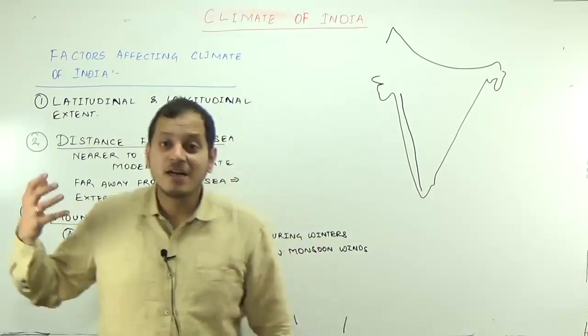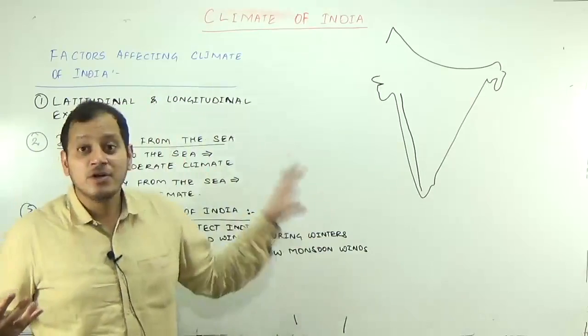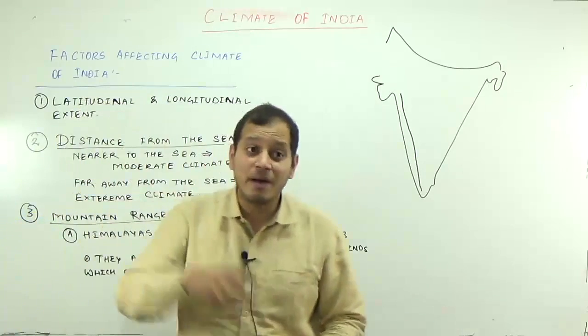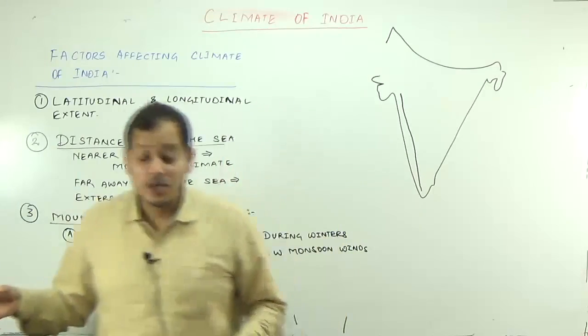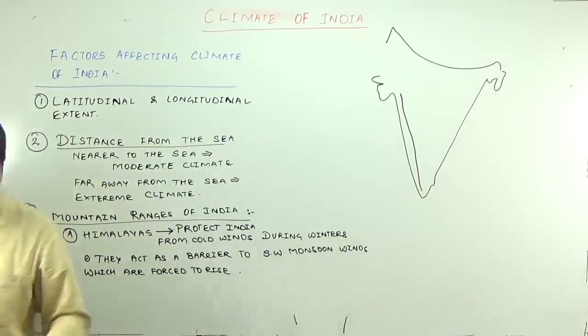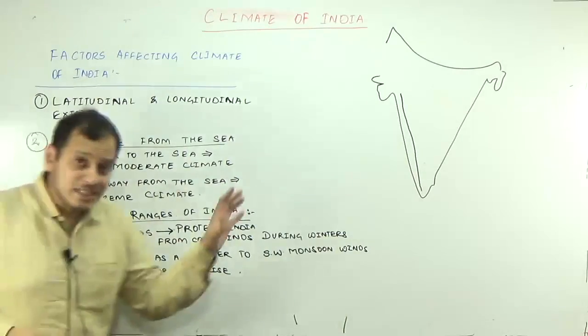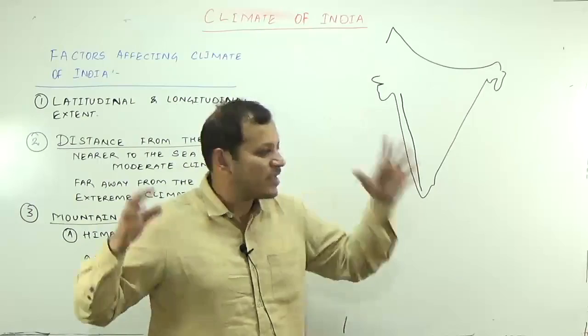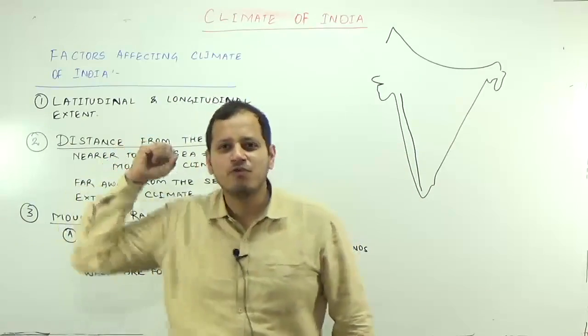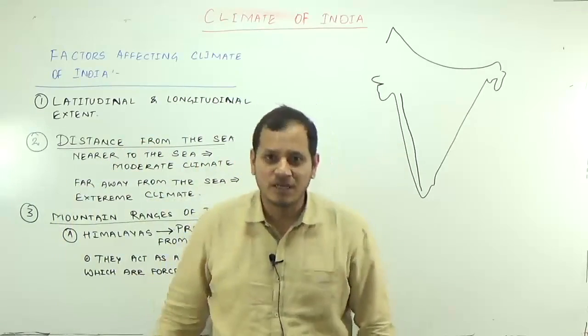When they come from the hot Arabian Sea, because of evaporation they are fully saturated, having high humidity. Because of high humidity, these winds are stopped by the Western Ghats region, and when they are stopped, they give very heavy rainfall to the Western Ghats.